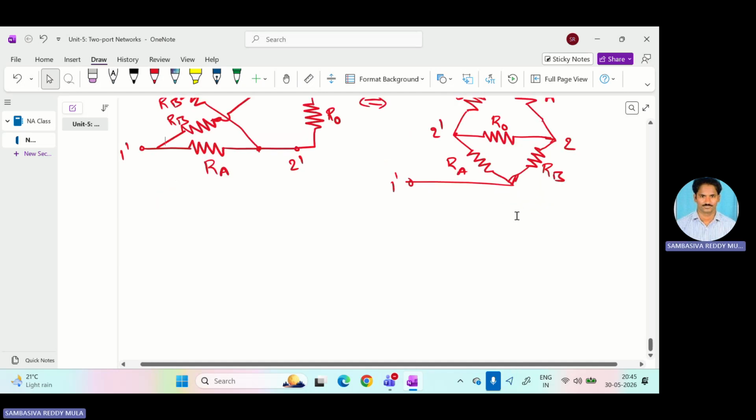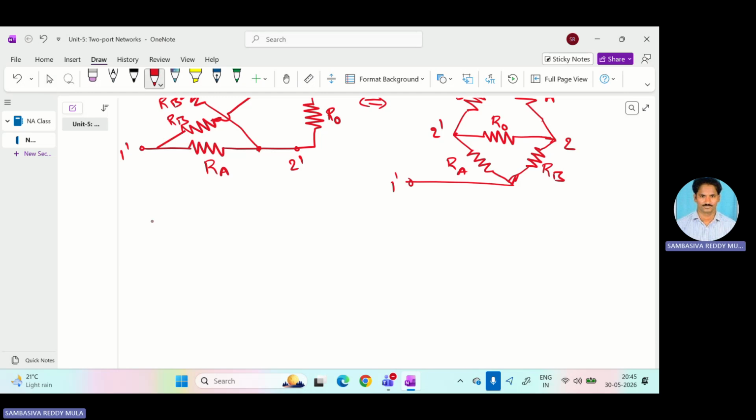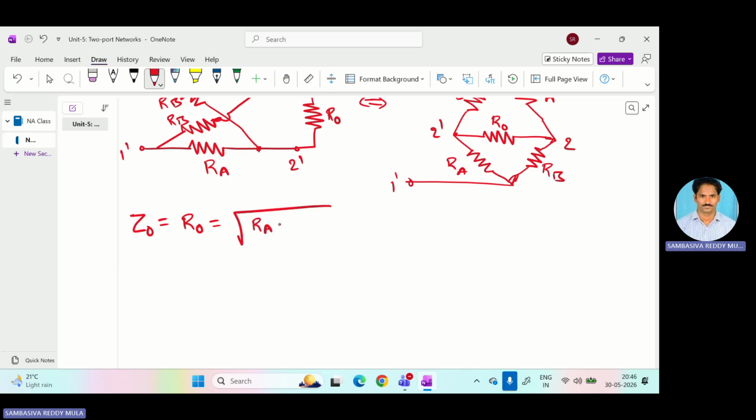Now, let us determine the characteristic resistance. R0 is given by the square root of ZOC into ZSC. The characteristic resistance for a two-port network is described by ZOC into ZSC.